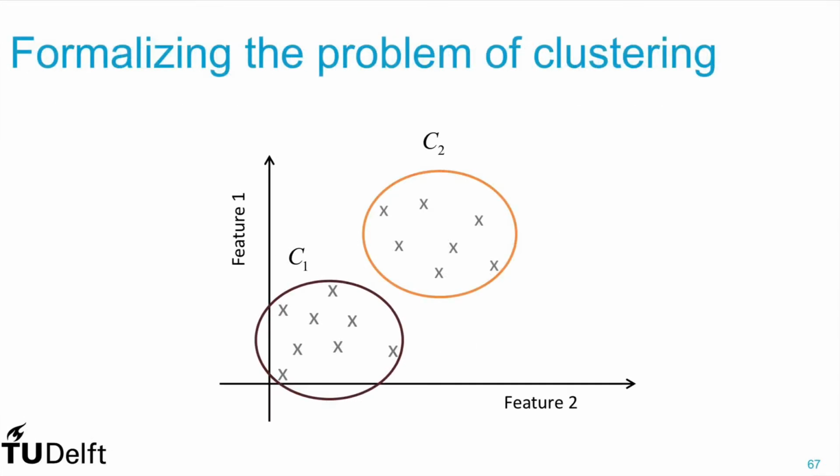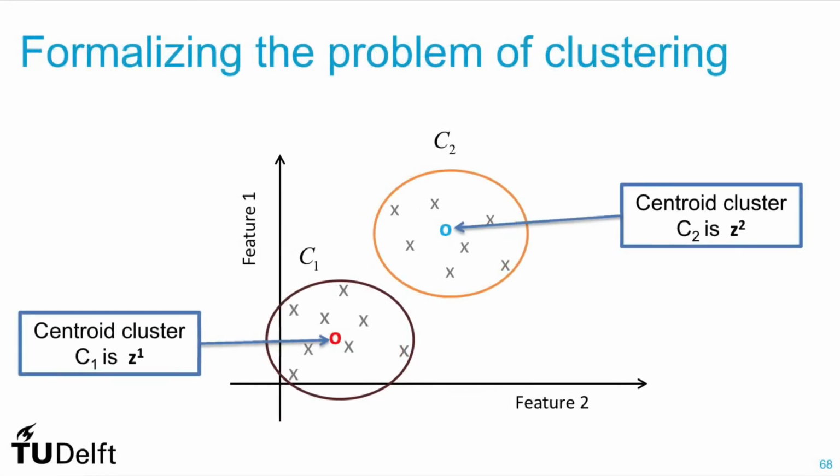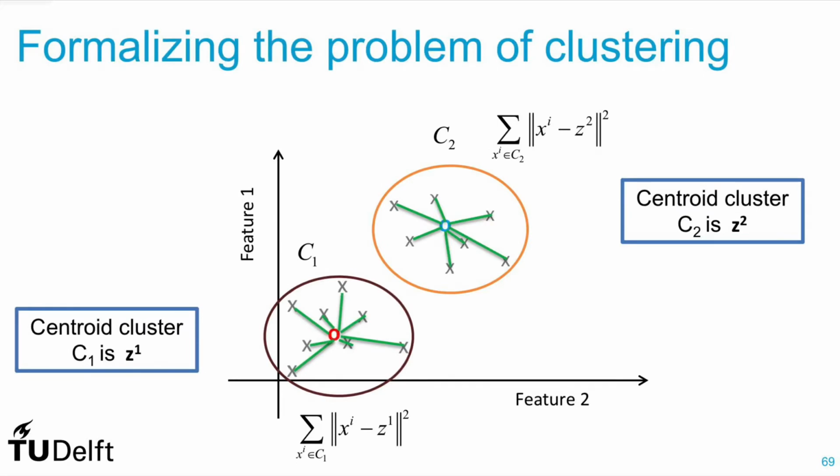So we can see that concept graphically. We have two clusters, C1 and C2, and over there we draw two possible centroids, one for cluster C1 and the other centroid for C2. In this image, the green lines represent the distance between the centroids and all the members of the cluster.